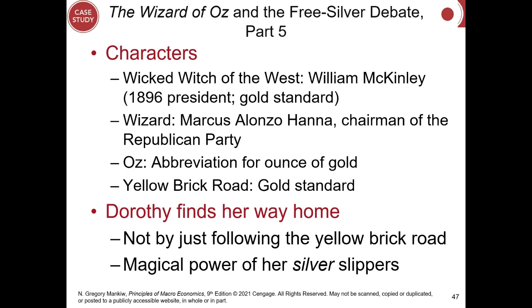In the movie, I know it's the red slippers or the ruby slippers, but the reason they were red in the movie was because at the time they wanted to show off the technology that they had. In actuality, in the book, they were silver slippers. So in this allegory, the silver slippers, or minting silver, is going to help save the farmer, or the standard American at the time, Dorothy.